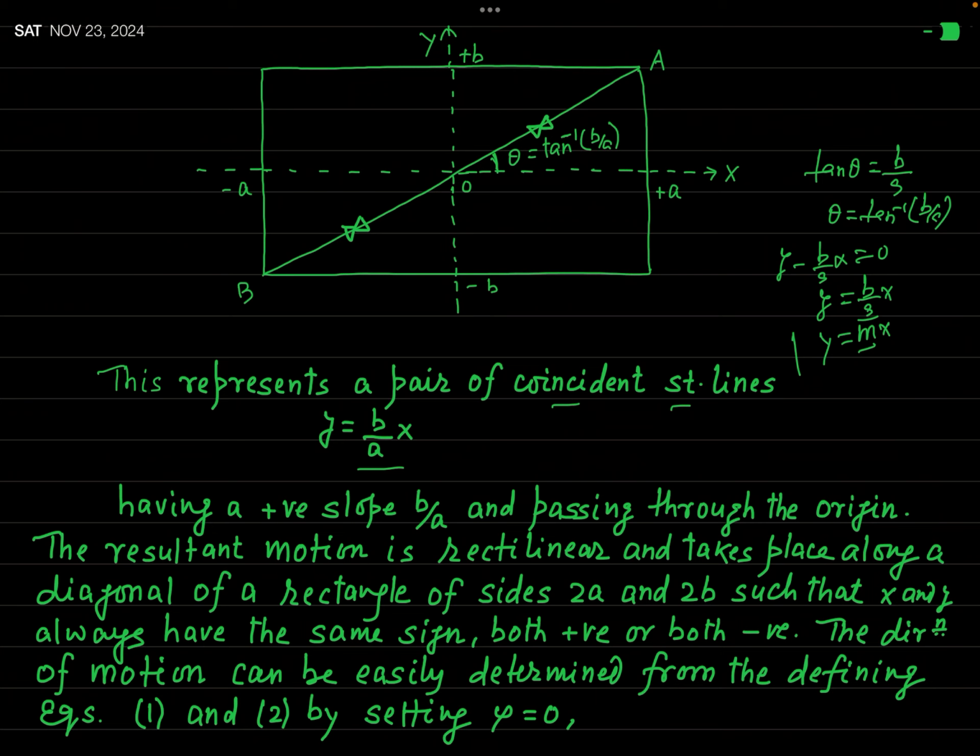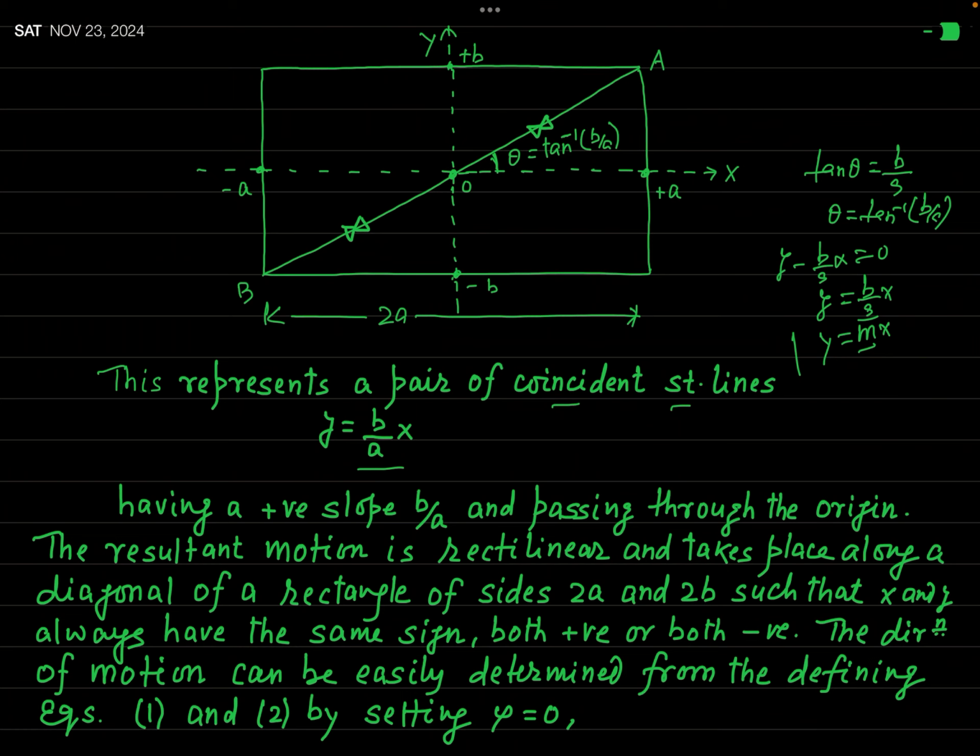You can see, if you take the origin of the coordinate system at O, then the coordinate of this point will be plus a, coordinate of this point will be minus a. So this side length will be equal to 2a. Okay, and at this point y is equal to b, and at this point y is equal to minus b.